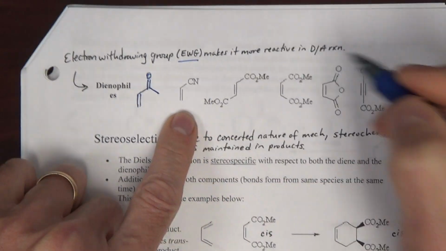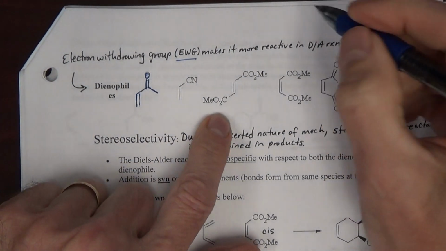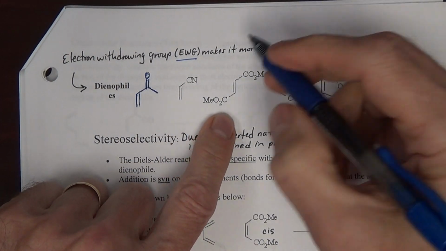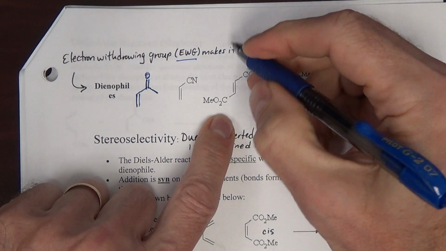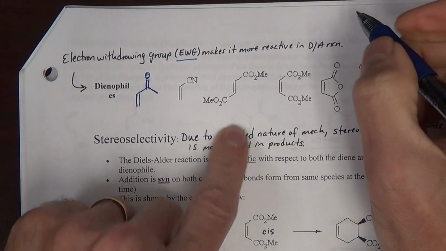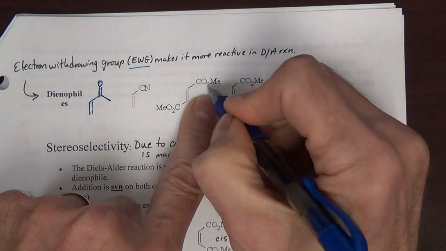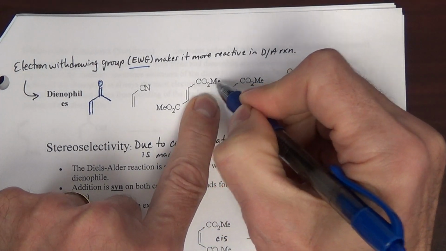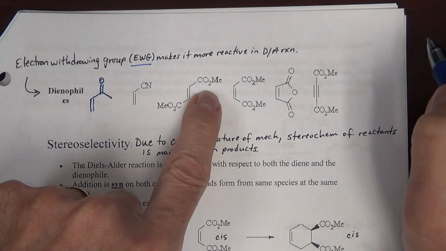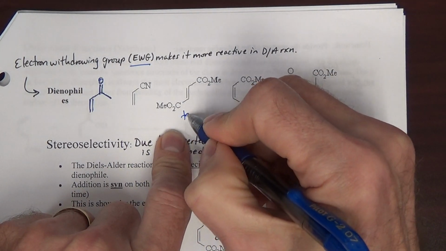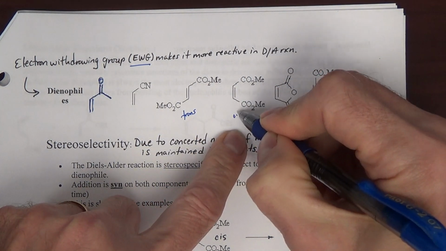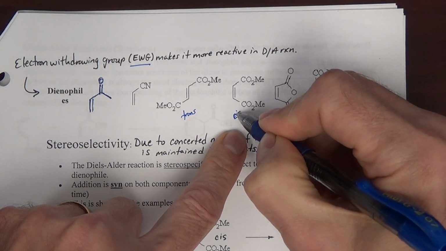And in this case, the cyano group, or nitrile. In this case, esters, and we have two esters. Each carbon of the alkene has an ester. Of course, that's a condensed structure there. And in this case, this can be a trans alkene, or this can be cis.